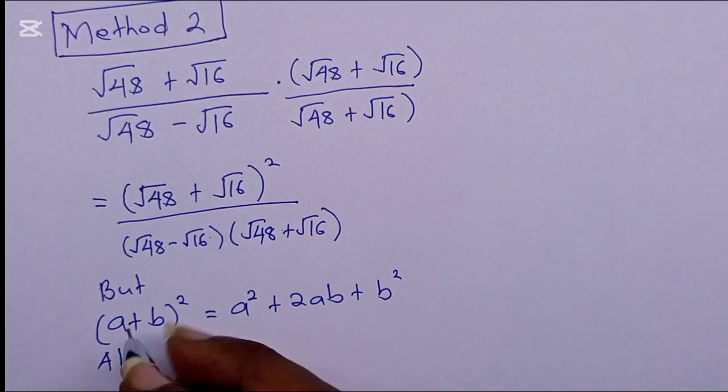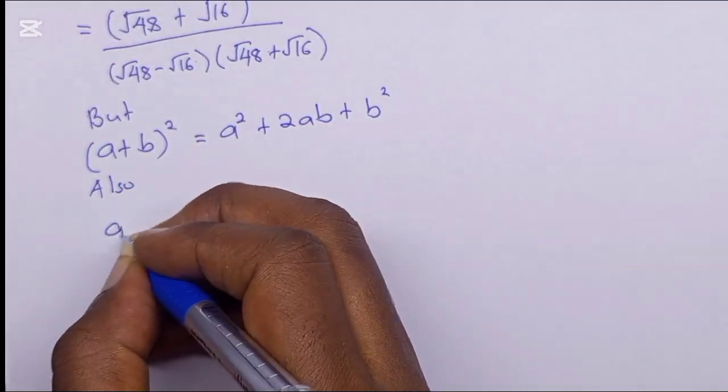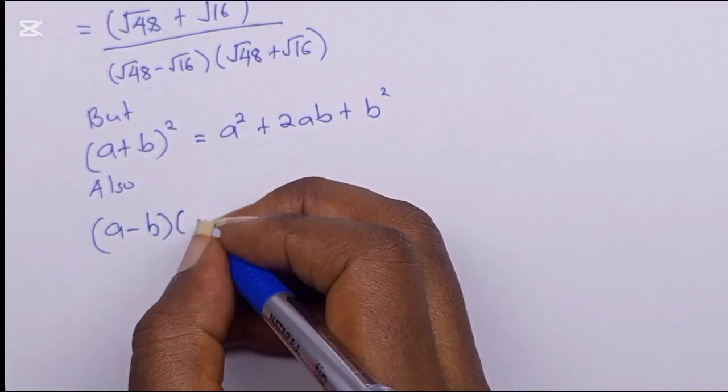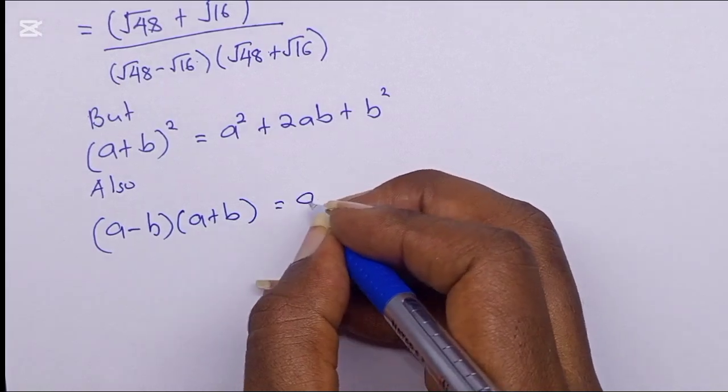Also, we know that a minus b into a plus b is a difference of 2 squares.